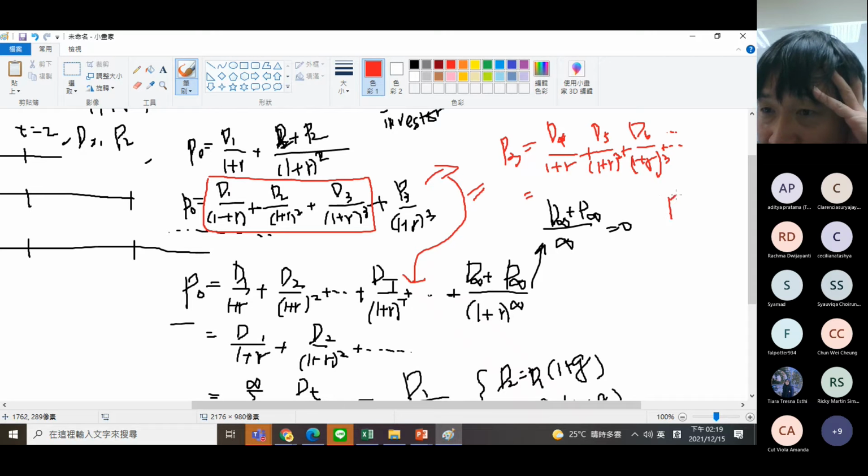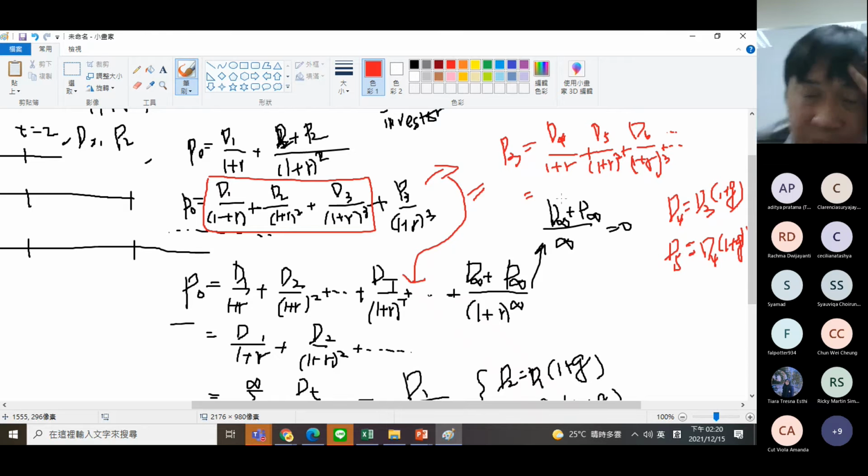Based on the ideal assumption, D4 equals D3 times 1 plus g, D5 equals D4 times 1 plus g.